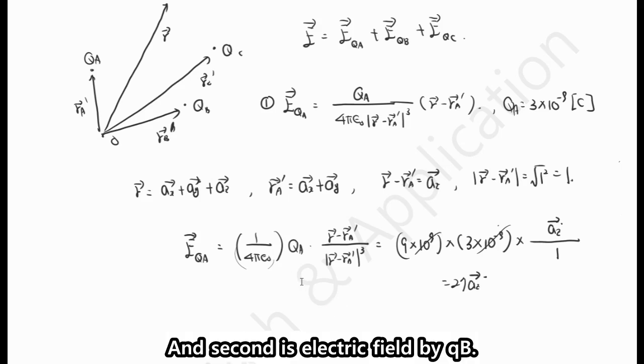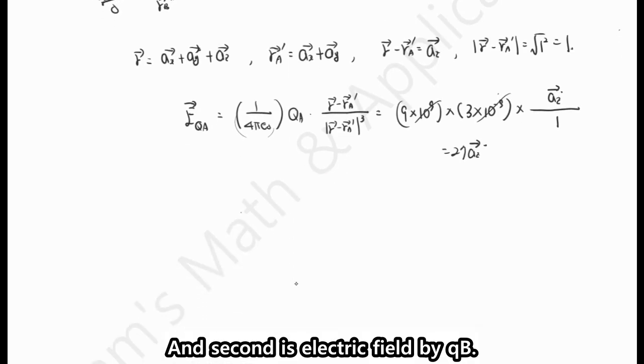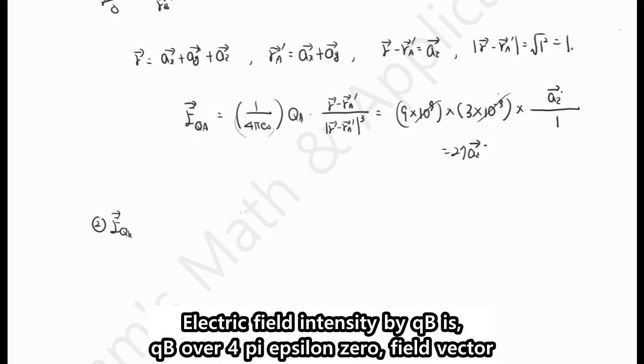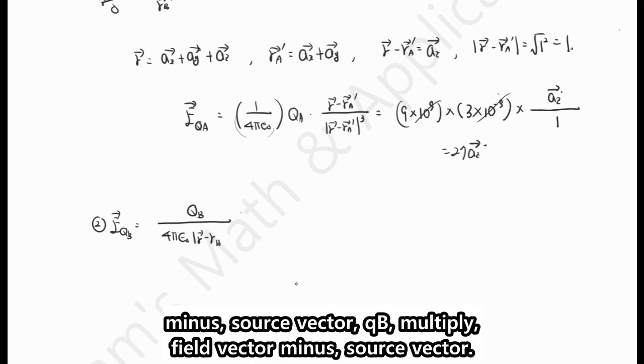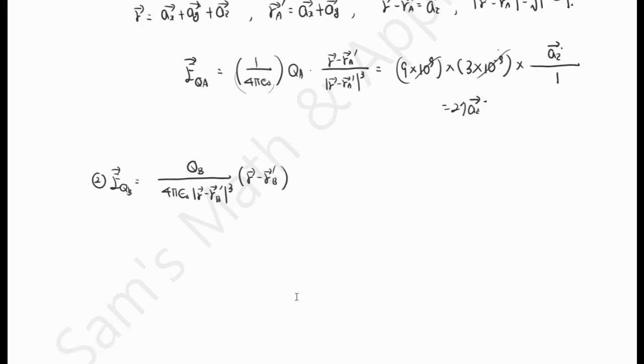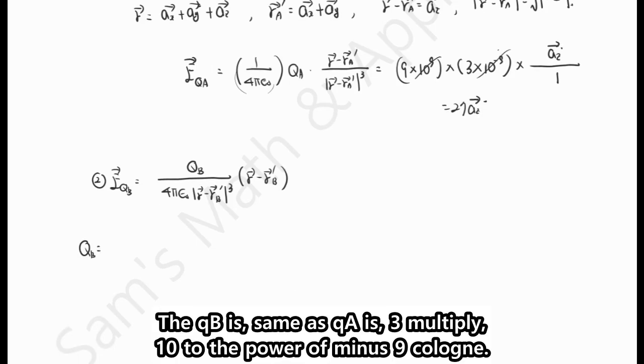And second is the electric field by QB. The electric field intensity by QB is QB over 4 pi epsilon 0 times field vector minus source vector cubed, multiplied by field vector minus source vector. QB is the same as QA, 3 times 10 to the power of minus 9 coulomb.